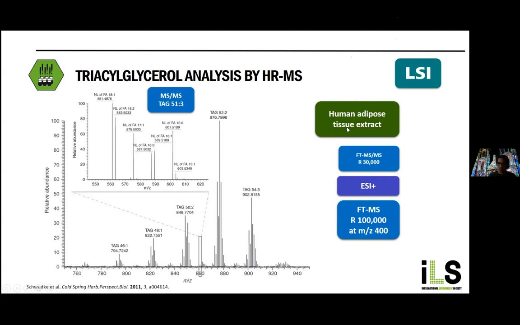This is a human adipose extract, from Dominik Schwudke's paper. And you see you can nicely annotate at the lipid species level, but you can also use tandem mass spectrometry to figure out the acyl combinations, because these triglycerides lose acyl chains as a neutral loss, and you can combine this information to get the molecular species level.